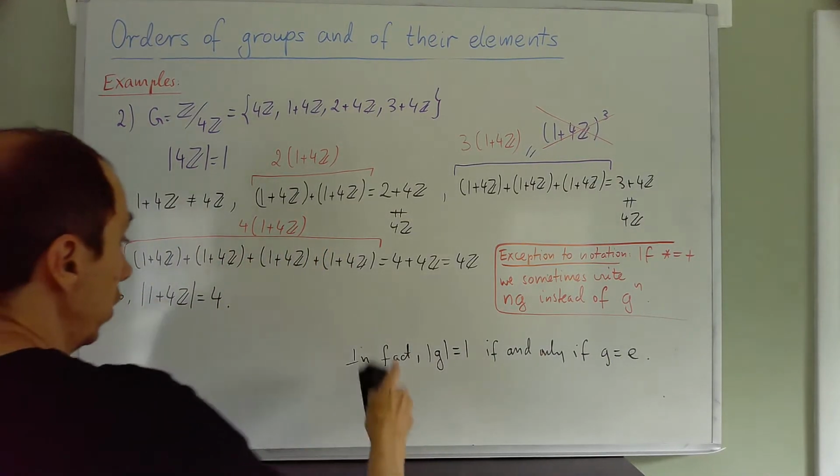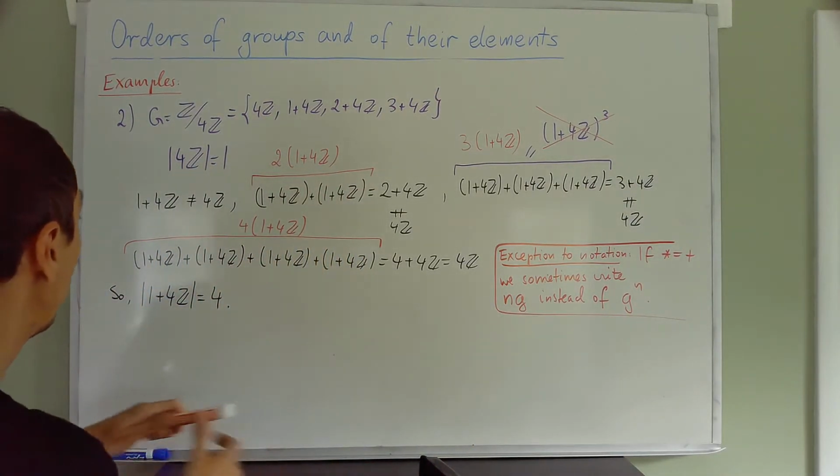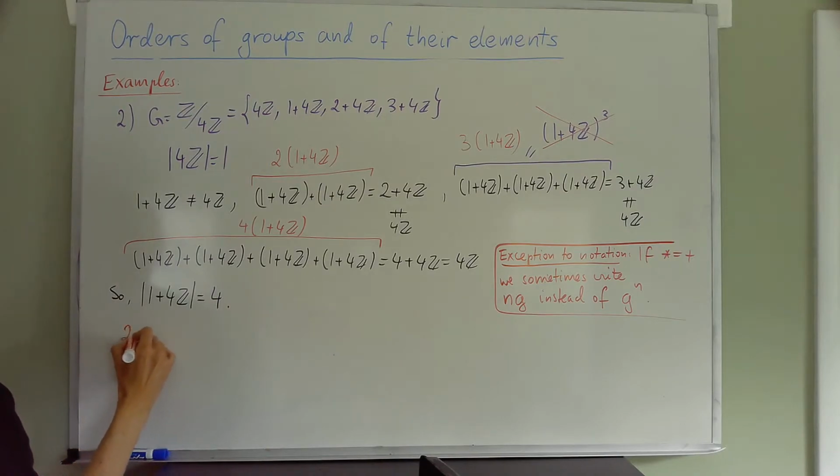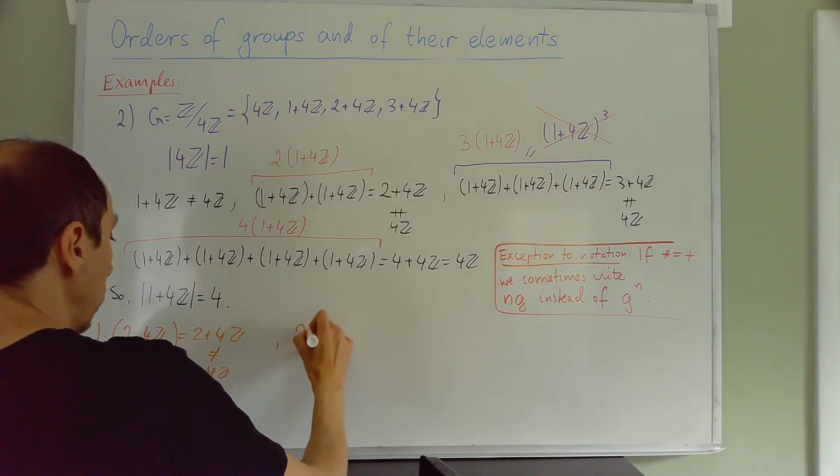Okay, let's continue. So this is one element in this group. What about other elements? 2 plus 4Z. So 2 to the power 1, so 1 times that is back itself, that's not the identity. I'm going to do 2 times that.